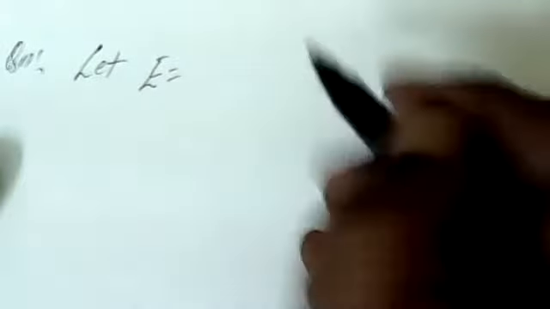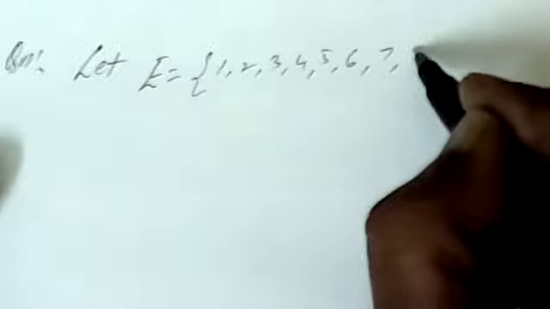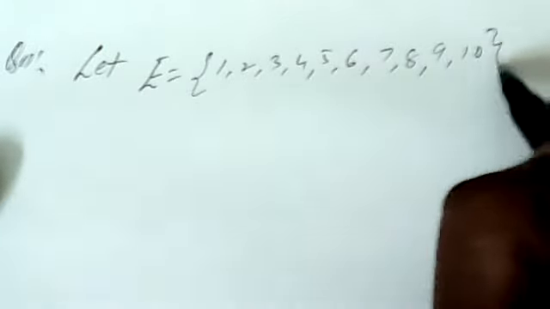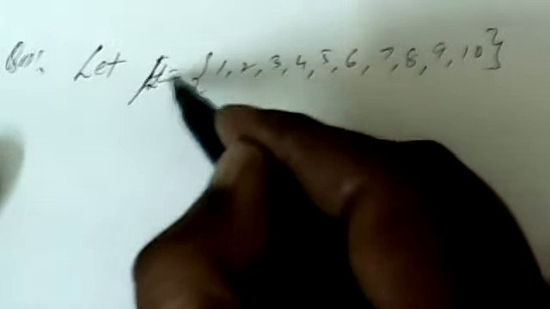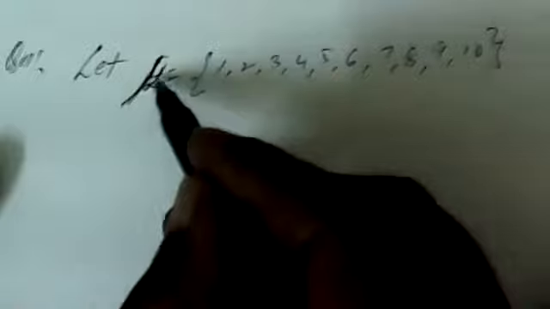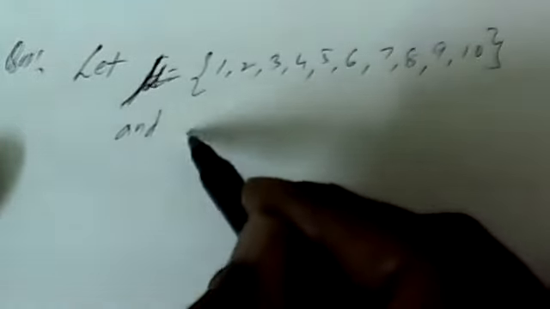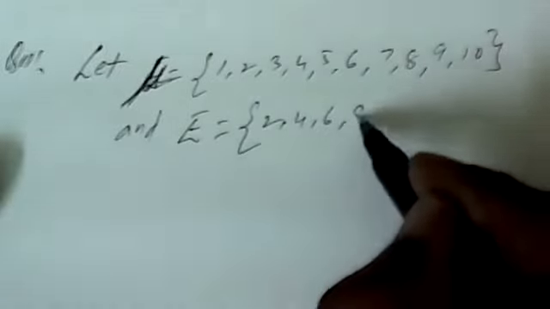Let mu be the universal set 1, 2, 3, 4, 5, 6, 7, 8, 9, 10, and E is equal to 2, 4, 6, 8, 10.